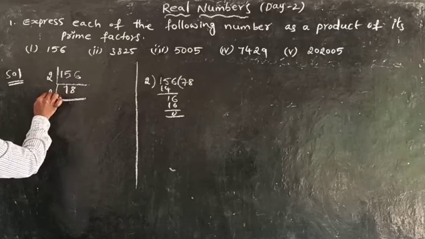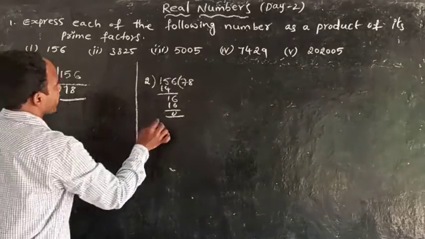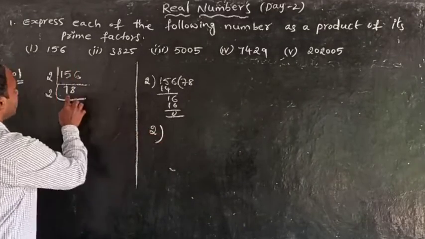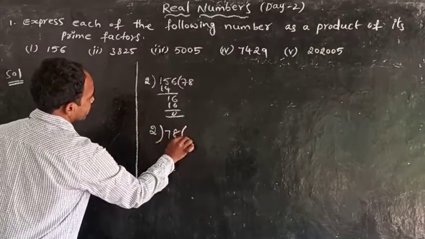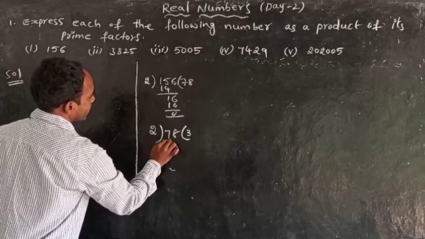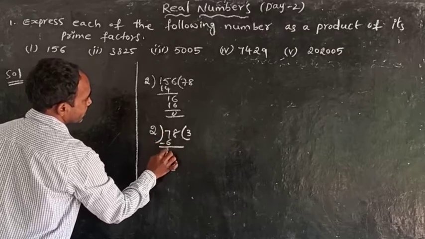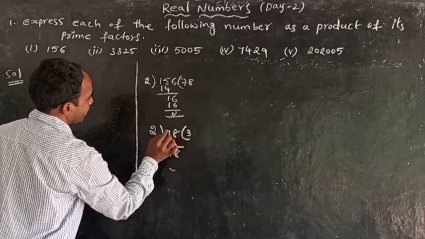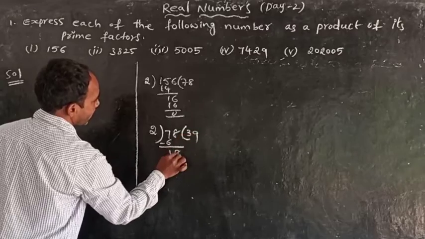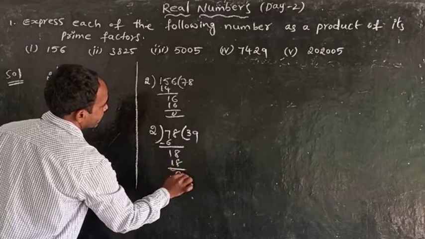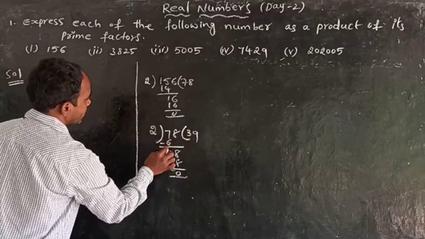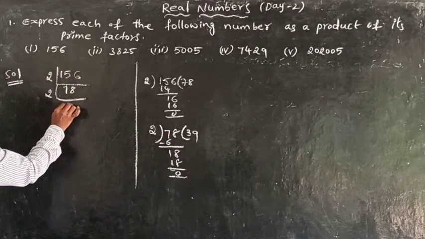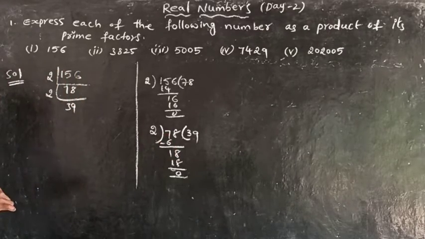So next again we take the 2 table. In the 2 table, 78: 2 3s are 6, 7 minus 6 is 1, so remaining 18, 2 9s are 18, so 2 39s are 78.